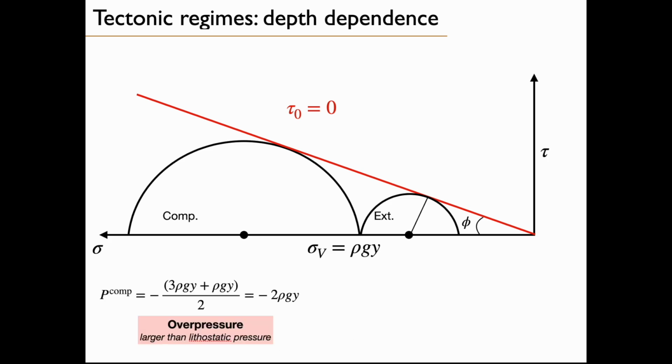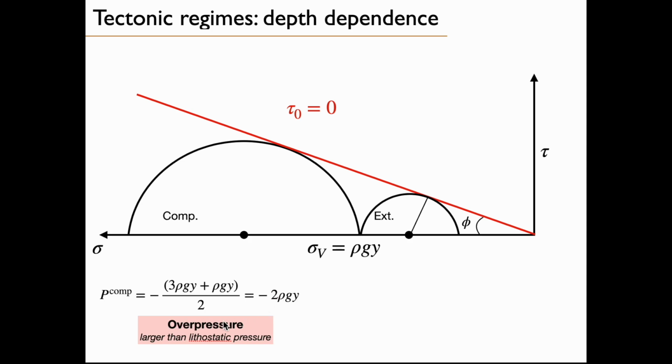So one can compute the pressure in compression. So the pressure in compression is sigma V plus sigma 1. Sigma 1 is 3 times rho gy plus rho gy divided by 2 times factor minus. So we have minus 2 times rho gy.